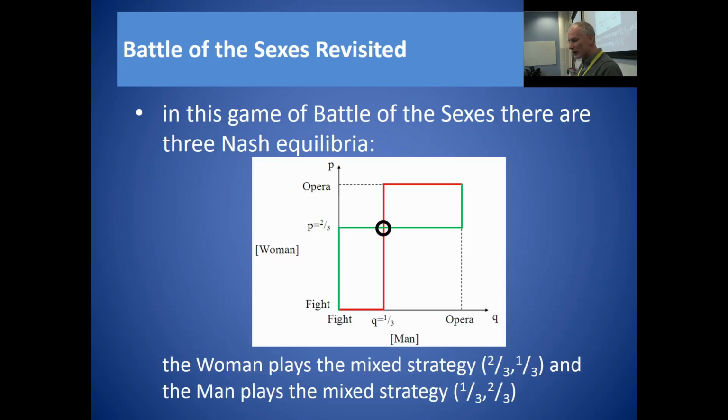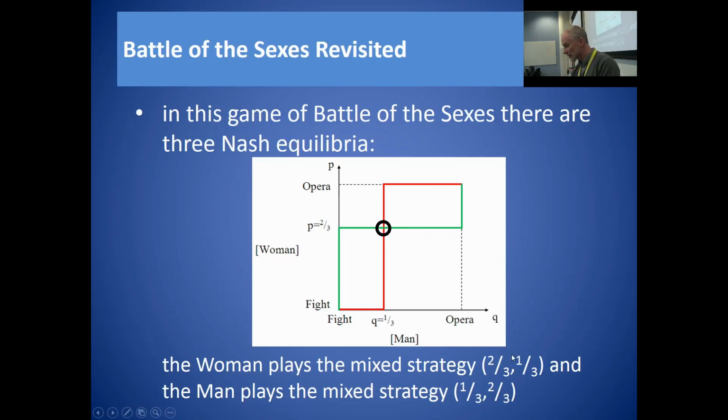However, when we looked at that game in its normal form, those were the only 2 Nash equilibria we could identify. What we weren't able to do is identify that Nash equilibrium there in the middle. And this Nash equilibrium is where the woman plays the mixed strategy of 2/3, 1/3. That is, she goes to the opera with a probability of 2/3, and hence the prize fight with a probability of 1/3.